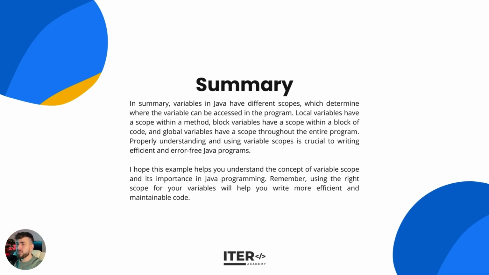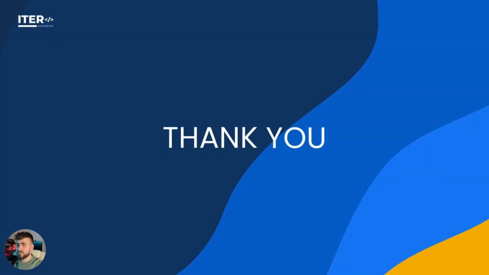And I hope that this example helps you understand the concept of variable scope and its importance in Java programming. So remember, using the right scope for your variables will help you write more efficient and maintainable code.